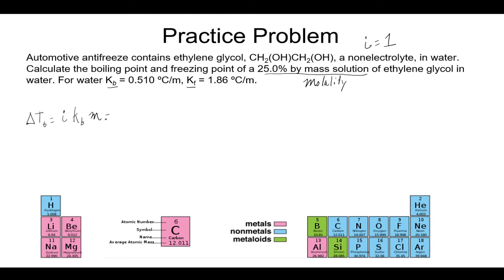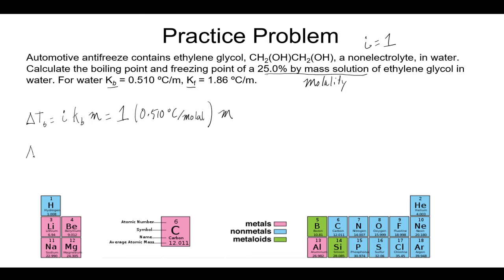And this is straightforward because i is 1. In this example, it's a non-electrolyte. Kb, 0.510 degrees Celsius per molal, times the molality. So really I just have to multiply these three things together, but I don't have the molality. What I have is a 25% by mass solution.